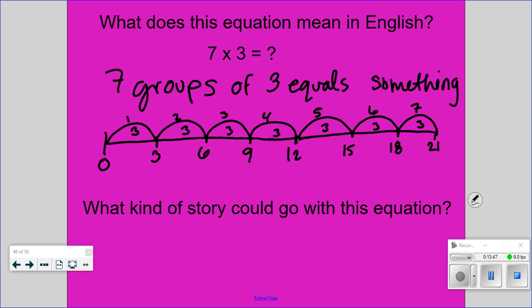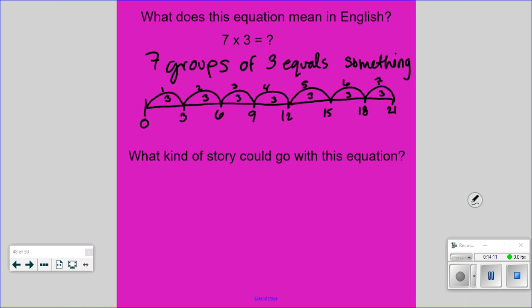So 7 jumps or 7 groups of 3 is worth 21. I thought it was 8. It's just we went 1 less group. We went 6 groups instead of 7 groups. Yeah. All right. What kind of story could go with this equation?